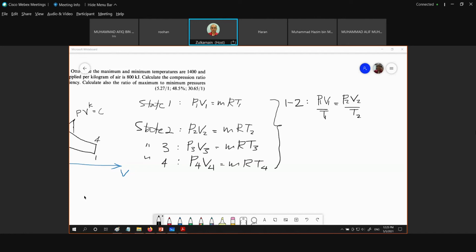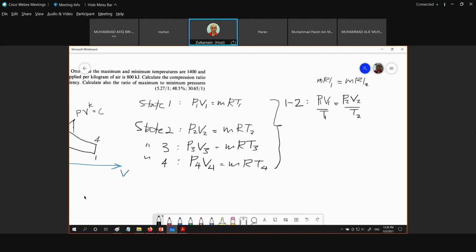Since there's no valve, it's constant mass. It's a closed system, so not mass flow rate, only mass. We get this from the equation of mR: mR at state 1 is equal to mR at state 2. Because this is a closed system, no combustion takes place, so it's always air as our thermodynamic system. And we know that 1 to 2 is a compression process.